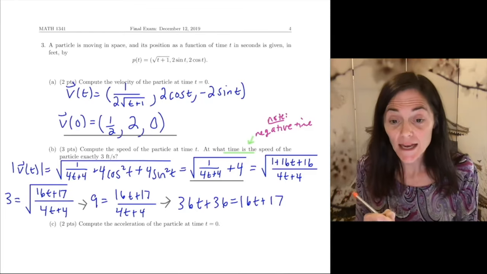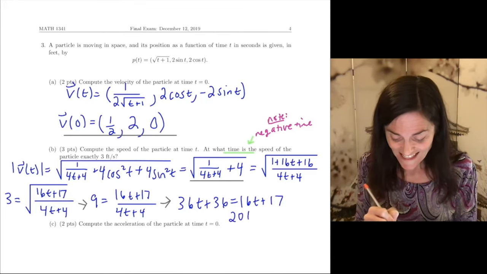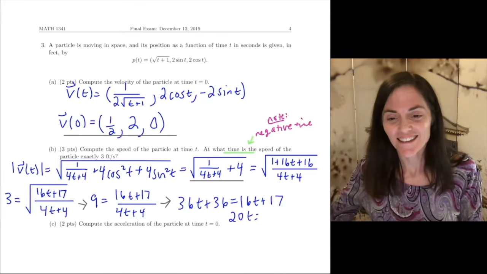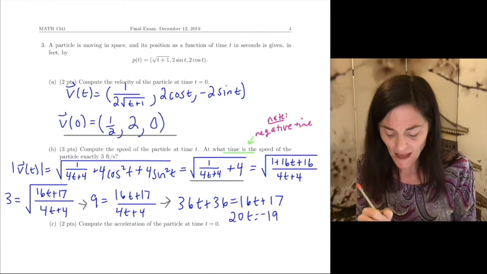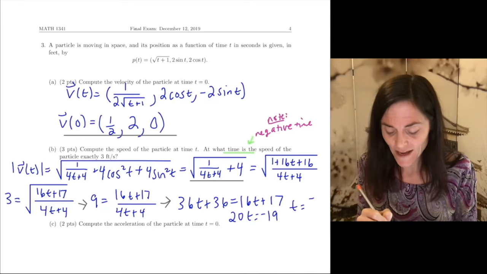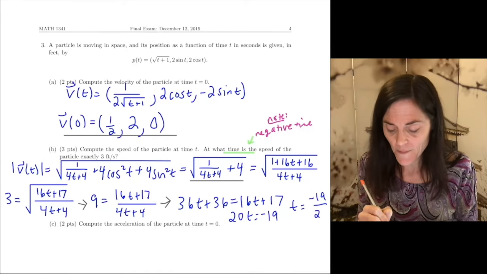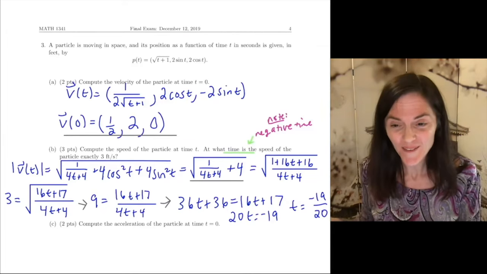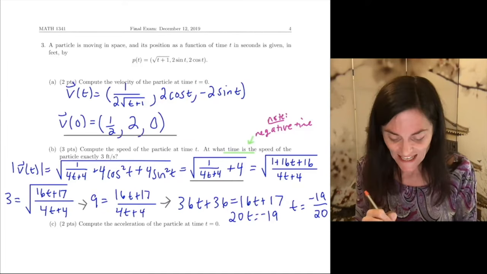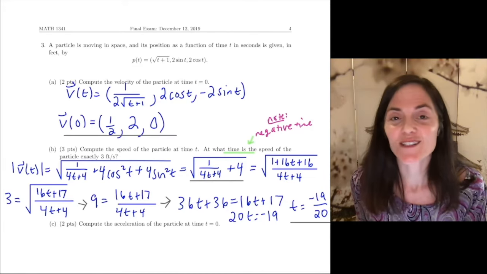If I subtract, I have 20t on this side, and then subtract 36 from both sides. On the other side, we have minus 19. And this is what I was saying. Our final answer may not have that much of a physical interpretation, but we have solved the problem, which is that t is minus 19 over 20.